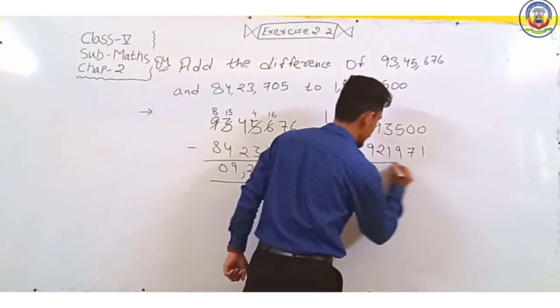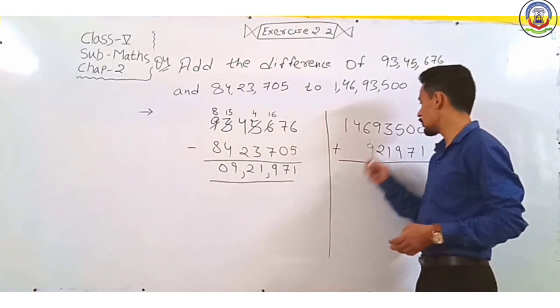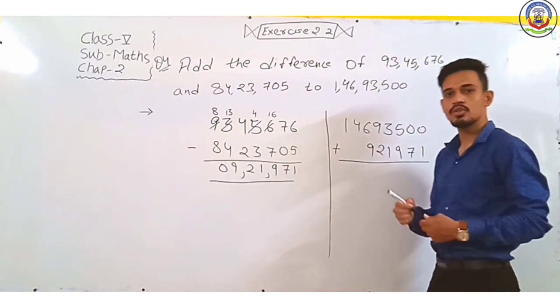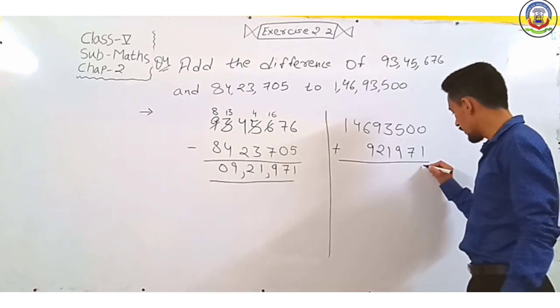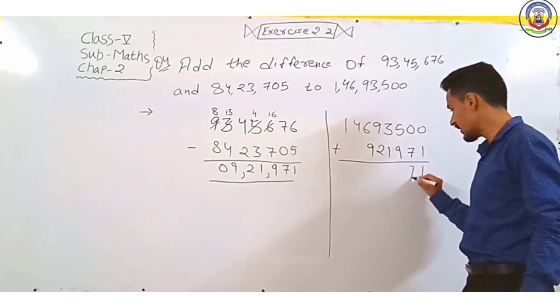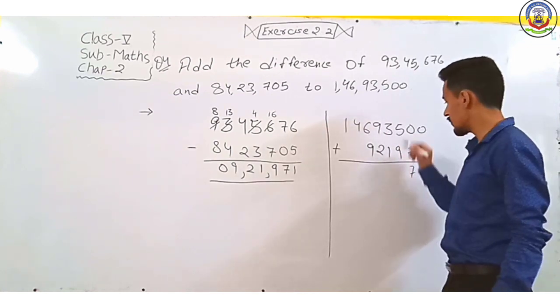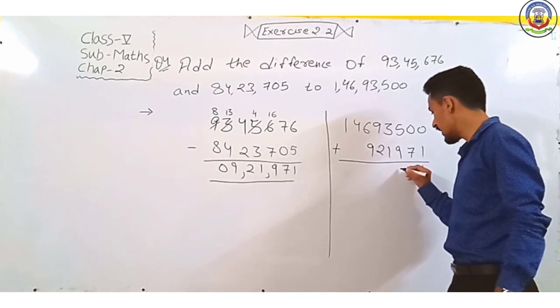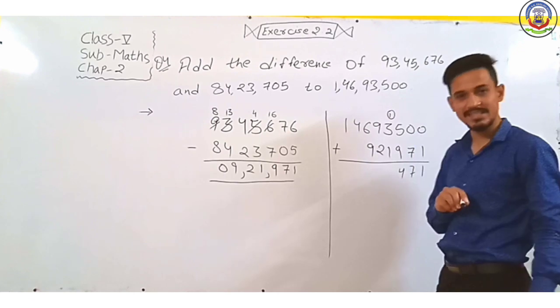So we have to add these both numbers, and in addition also we have to start from rightmost. So in rightmost we have 0 and 1, so we will write 1. Next we have 0 and 7, so we write 7. Next we have 5 and 9, so we will write 14. But 4 comes at answer place and 1 goes to another column as carry.